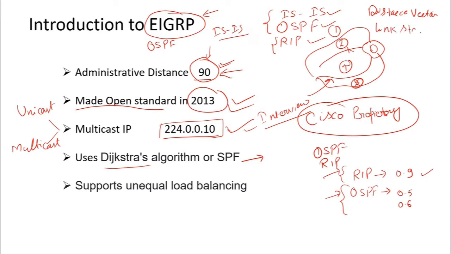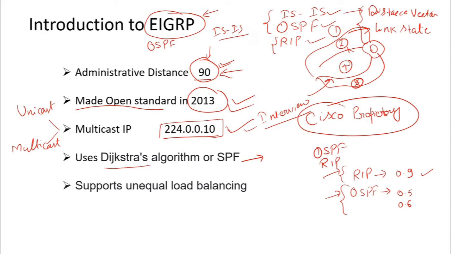There are two approaches for finding the best path in the network. Either you rely on the distance, that is, how many hops away the destination is, or on link state, where we look at alternate factors like delay in the link or the capacity of the link, that is, the cost of that link. Obviously cost and bandwidth are quite related with each other, so we take care of these things in our calculation of the best path.